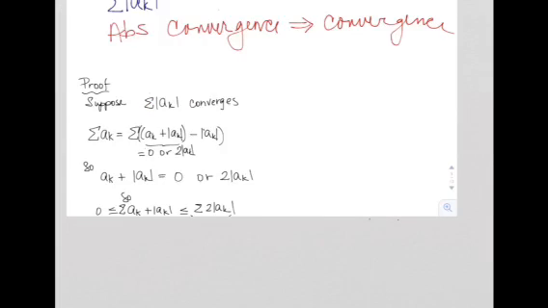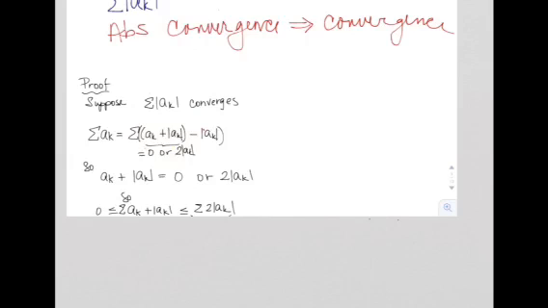Here's the proof. Suppose the sum of the absolute value of a sub k converges. Then the sum of a sub k without the absolute value bars is equivalent to, and this might be odd, but you'll see where we're going, adding on the absolute value of a sub k and then subtracting it off. The part that we're interested in here is a sub k plus the absolute value of a sub k.